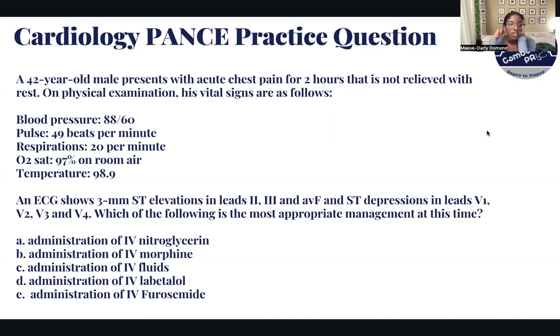An ECG shows 3 millimeters of ST elevations in leads 2, 3, and aVF, and ST depressions in leads 1, 2, 3, and 4. Which of the following is the most appropriate management at this time? Administration of IV nitroglycerin, administration of IV morphine, administration of IV fluids, administration of IV labetalol, and administration of IV furosemide.